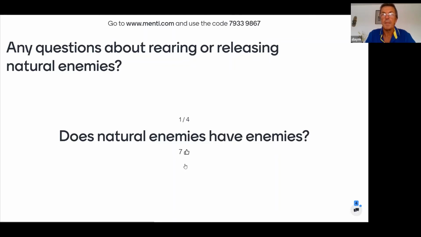There is a parasitoid that attacks a lantana gallfly in Hawaii, but the gallfly in Hawaii still is able to help control lantana, even though it gets a natural enemy on it as well. So ideally, the agents work better if they don't, but sometimes they do, and we've got to work through that.